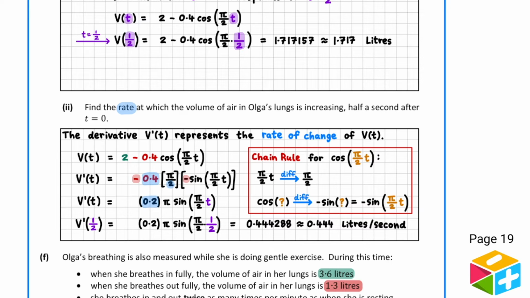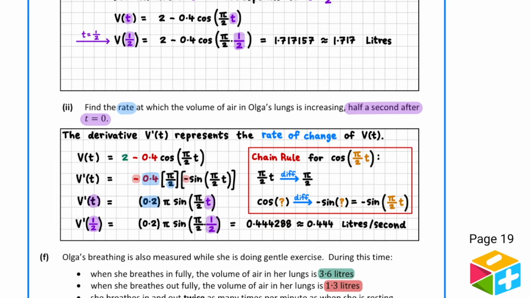We want to know the rate of change half a second after t equal to 0. In other words, we need the rate of change when t is equal to a half. To find this, all we have to do is sub in a half to our derivative. This gives us 0.2 pi times sine of pi over 2 times a half.